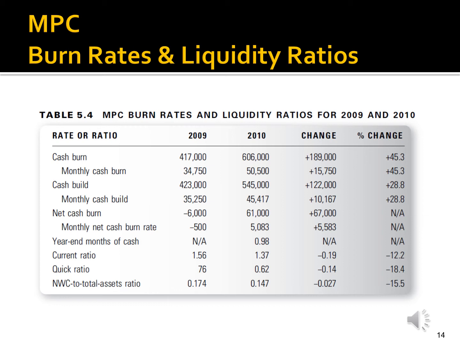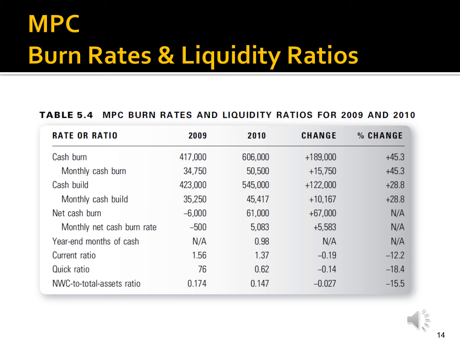It is a good indicator for the business, because if they are able to generate a build more than the cash burn, they will get a profit. But in 2010, the cash build is lesser than the cash burn, so they are burning cash and are unable to generate profit.